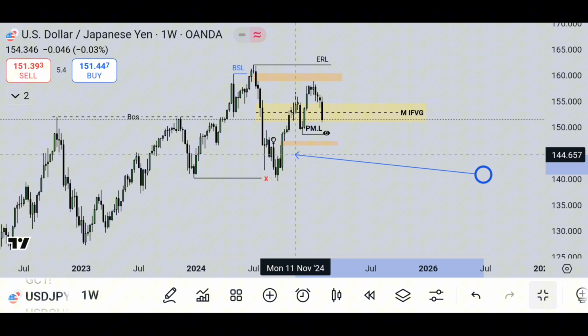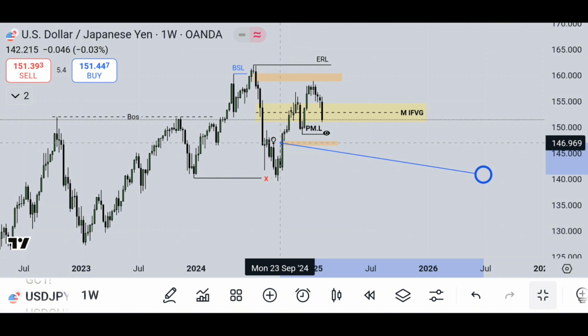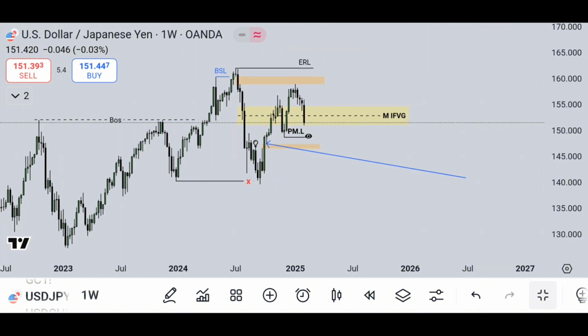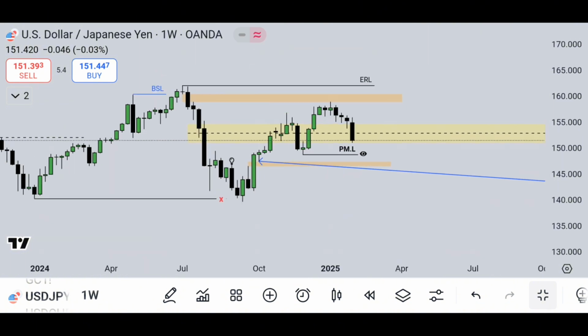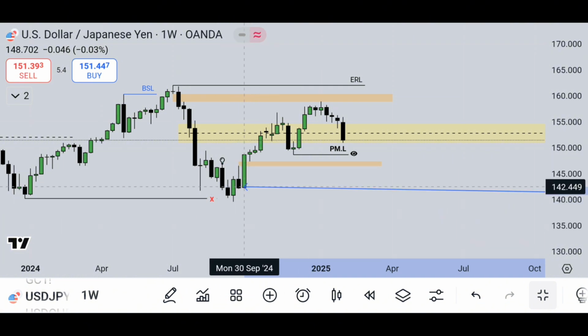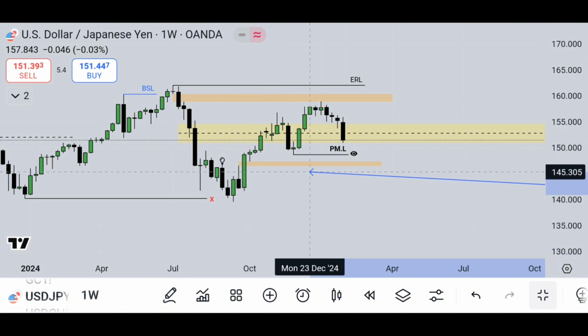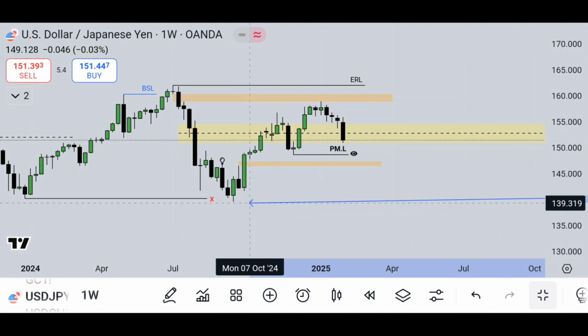making this displacement to take this sell side liquidity, then it shifted structure, like it violated that intermediate term high. I'll zoom out for you to see. So it violated that intermediate term high, right? Then making this a change in state of delivery, though I've not marked it.